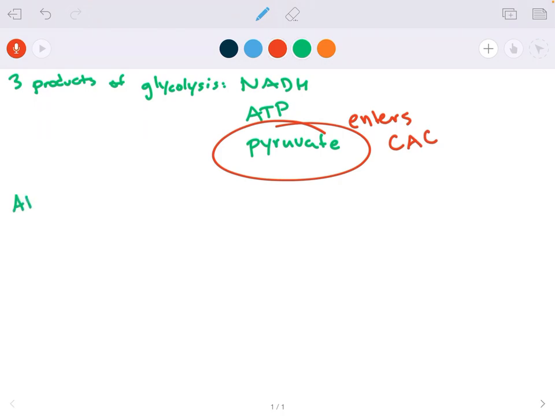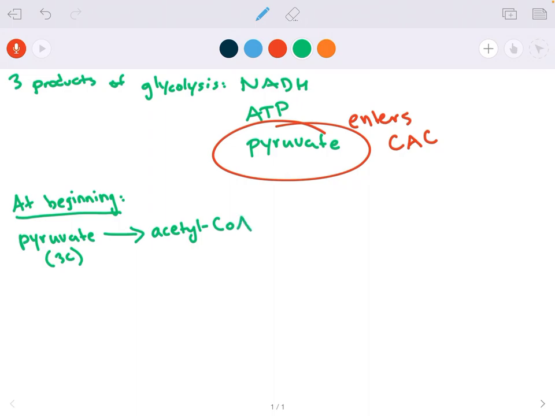So at the beginning of the citric acid cycle, pyruvate undergoes a reaction. Pyruvate is 3 carbons, and it forms a molecule called acetyl-CoA, or acetyl coenzyme A. And this is 2 carbons.